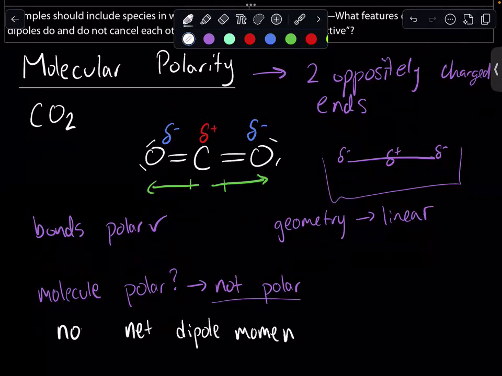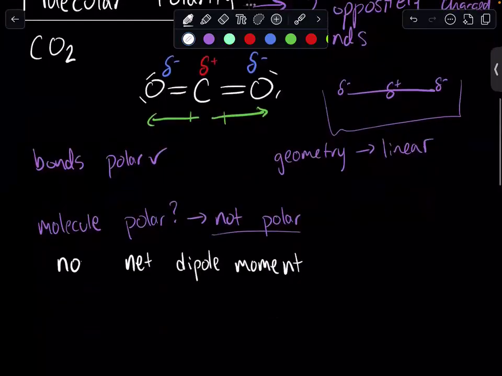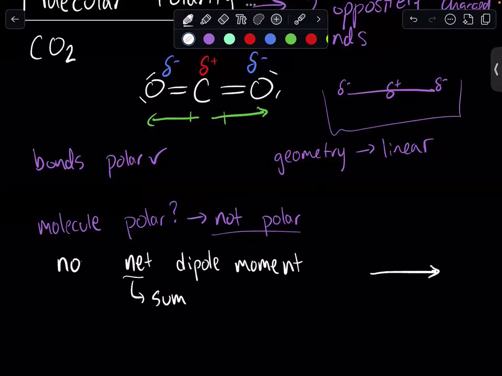So now comes the part where we look at dipole moments. Net generally refers to the sum. So if we sum our two dipoles, which are vectors, we take one and we add it to the other. And we notice that if we superimpose these dipole moments, they cancel out.